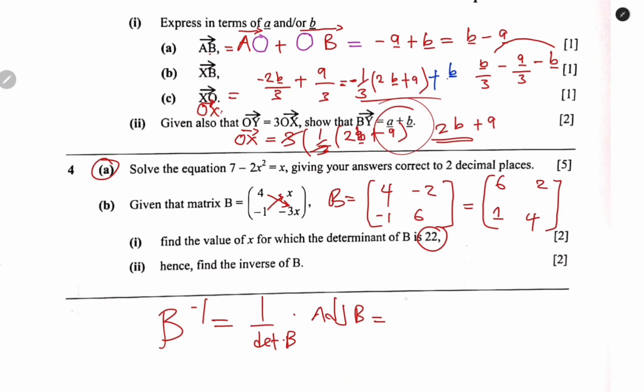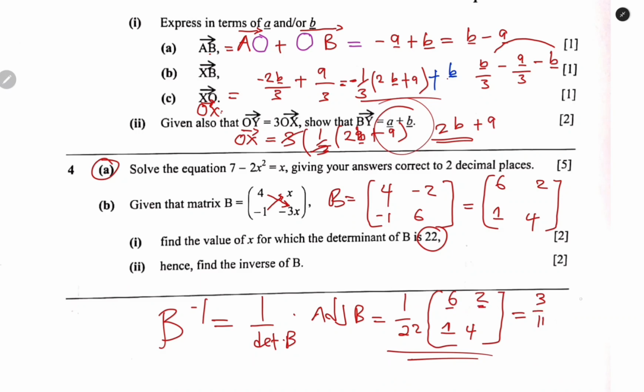So therefore the inverse of B is 1 over 22 multiplied by 6, 1, 2, 4. Okay, so this is the determinant. You can go on and multiply 1 over 22 multiply 6, which is going to give you 6 over 22, which if you simplify it, will be 3 over 11.